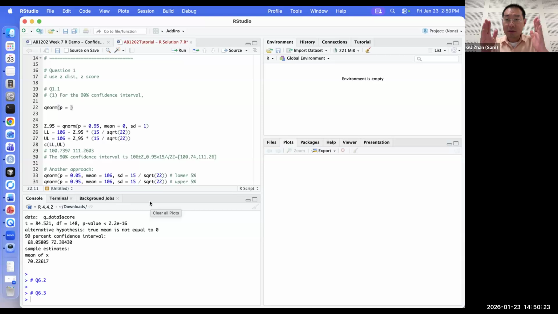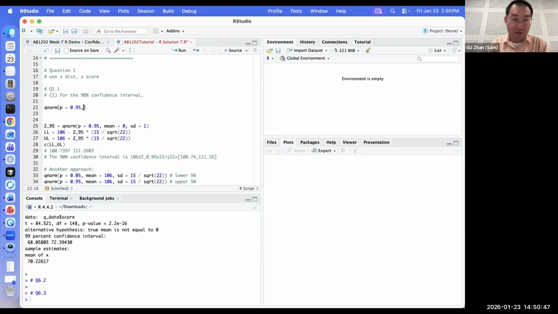So qnorm is going to give you the cutoff score, which is the Z score, at a certain probability from the left, from negative infinity up to 0.95, so 5% at the tail.